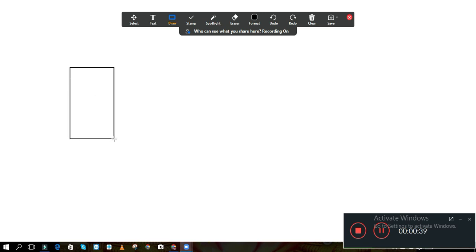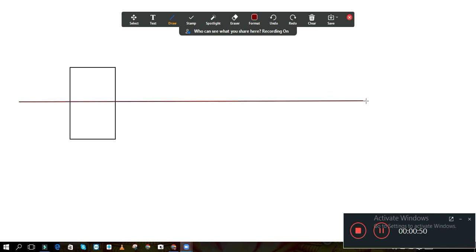and points. So this is the cross section of the beam. Then I will draw the neutral axis. Suppose this is our neutral axis. I will write here NA, neutral axis.